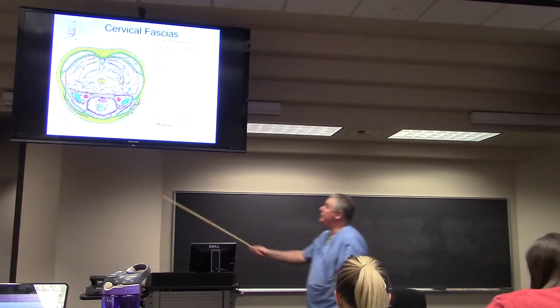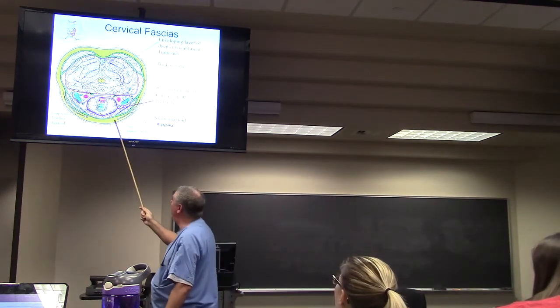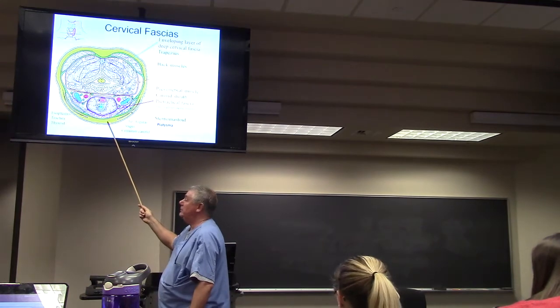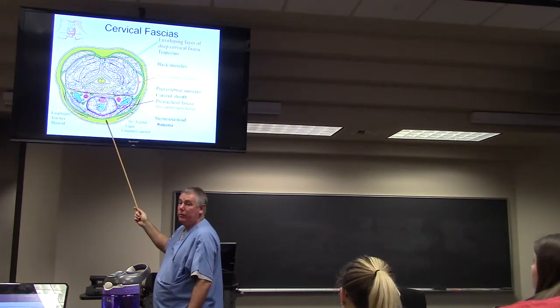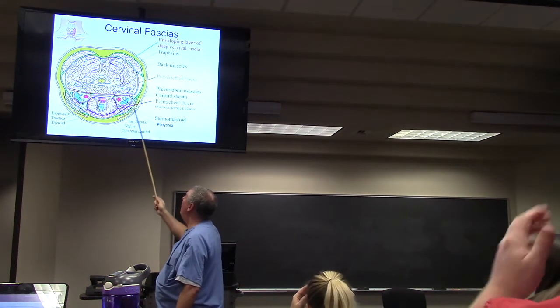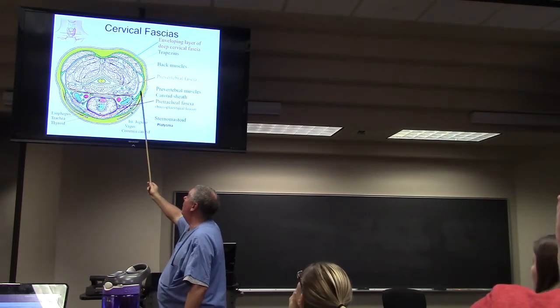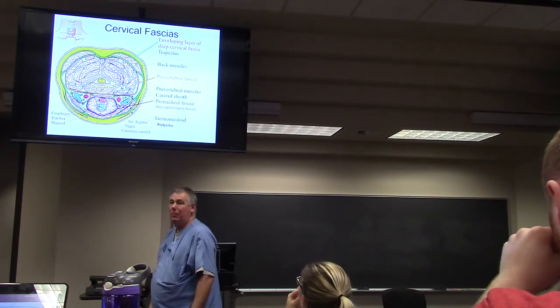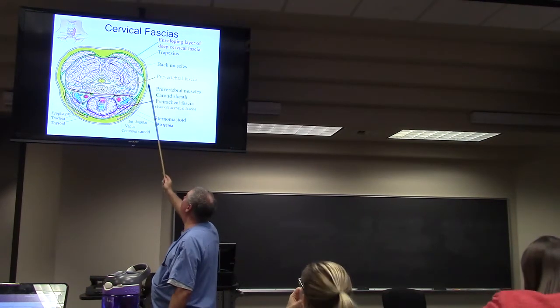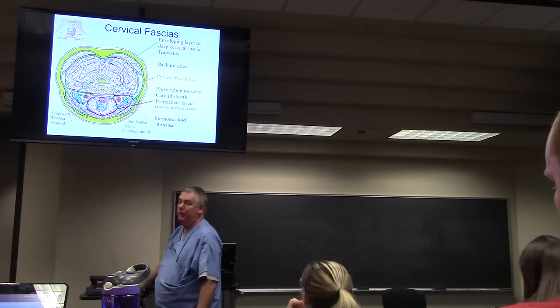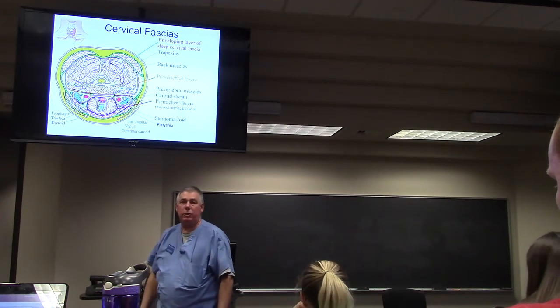Okay, so we have the skin in this greenish yellow color. Here is the subcutaneous layer, the superficial fascia. This green layer right here is the deep fascia surrounding the muscle mass. That's called the enveloping fascia. You see the top of the deep cervical fascia.